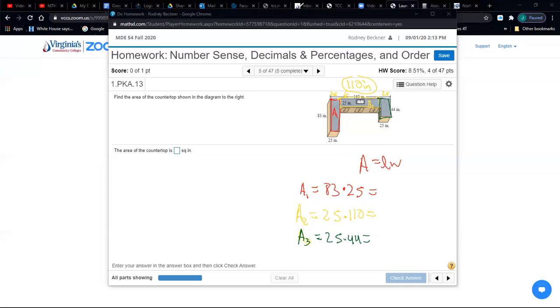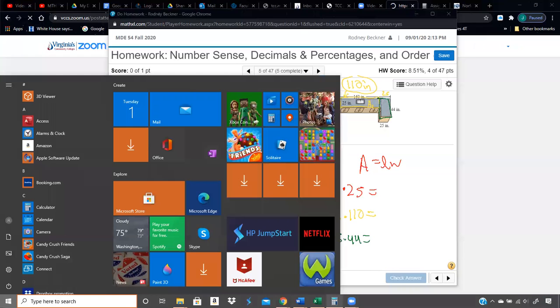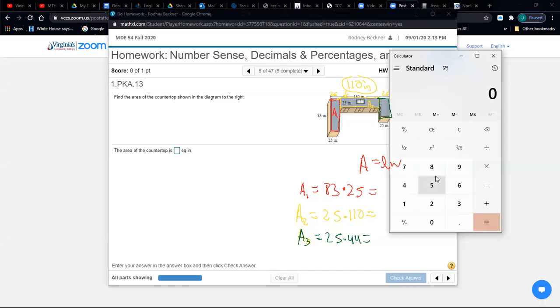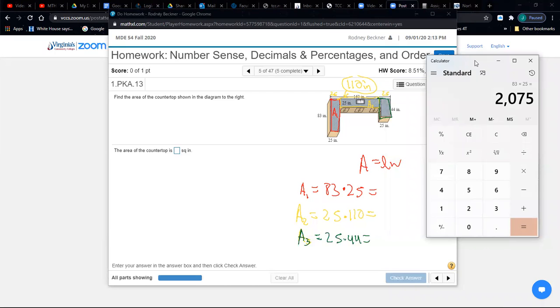Let me come off of annotate, get my calculator back. So for the first one, 83 times 25, we get 2,075.